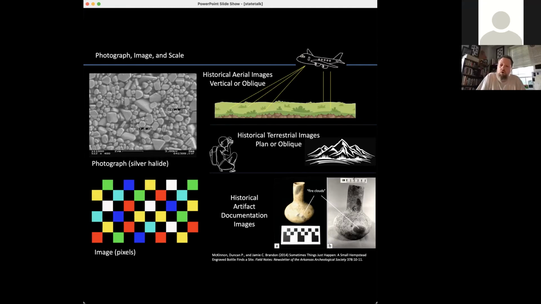Several years ago, I was invited by Jamie Brandon, who was the station archaeologist at SAU in Magnolia at the time. He invited me to come down and present a paper on Caddo ceramics and a specific design motif or design element on certain Caddo ceramics to the Caddo Hidachu chapter, which is now the Red River chapter.